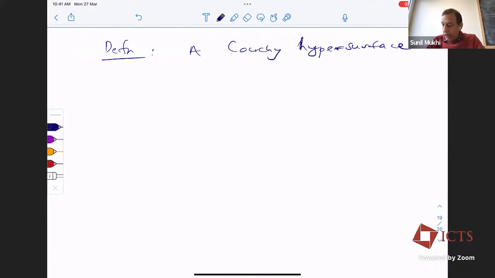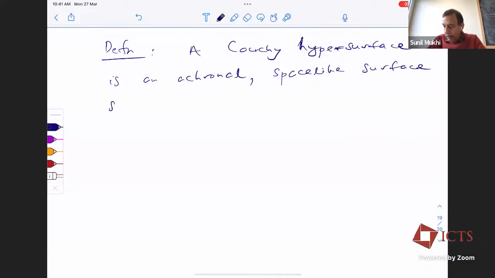Okay, so what is it? It's a-chronal. Now there's one more thing, and I'm going to write it first. Space-like surface such that. Now remember, 2 minutes ago, I said that just being space-like doesn't make you a-chronal. But of course, to be a-chronal, in particular, you have to be space-like or null.